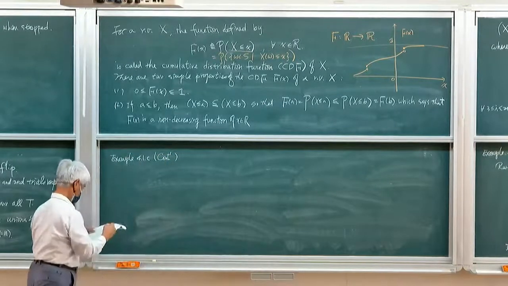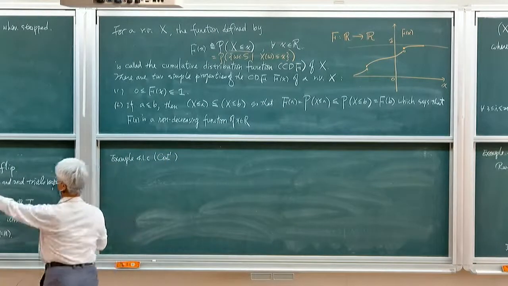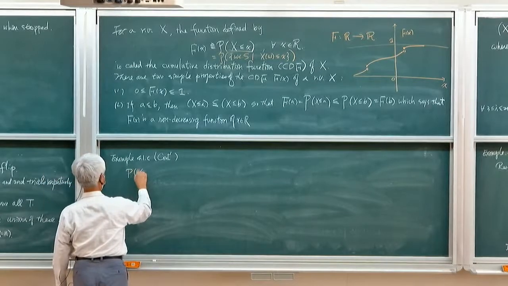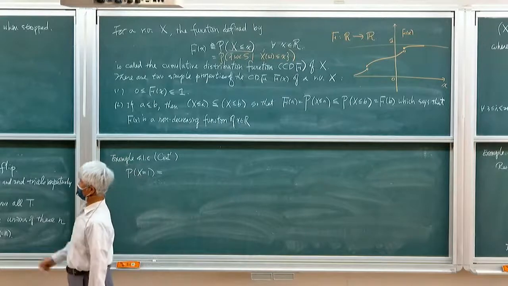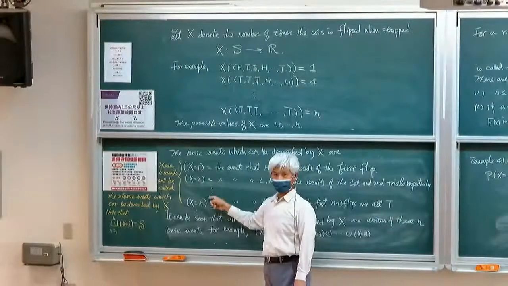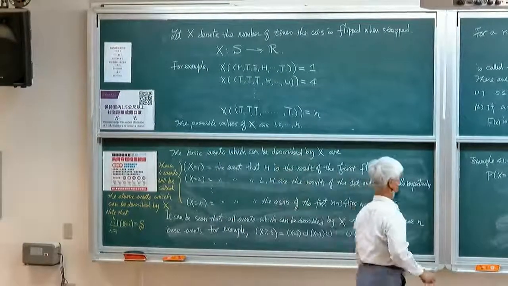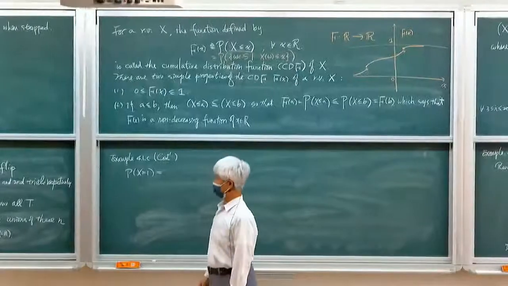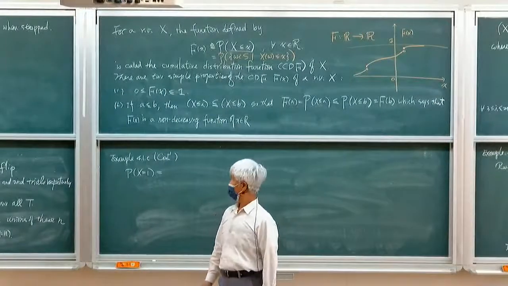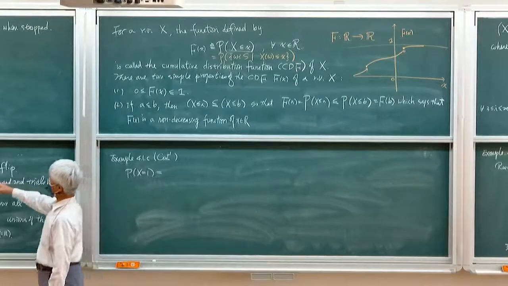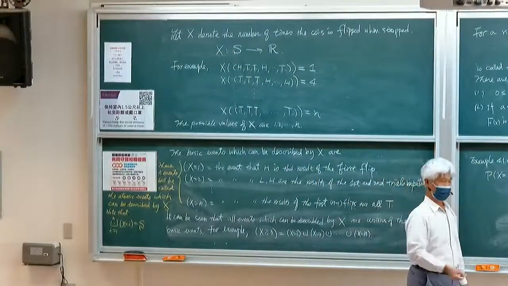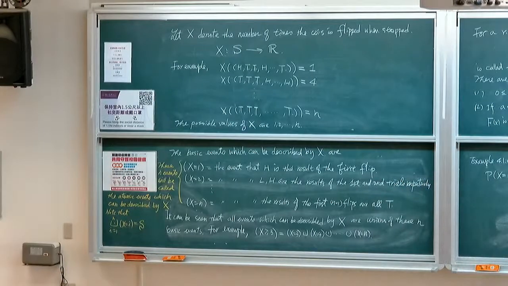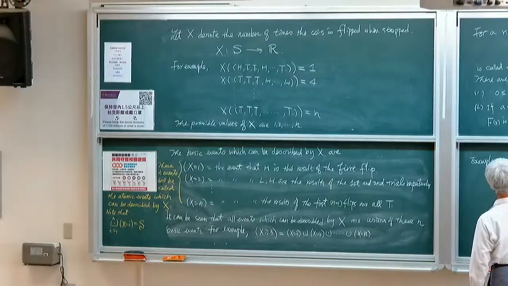In this example, the probability X equals 1. Because they are atomic events, we can compute their probabilities. So the probability that the tossing of a coin will stop after one toss will be half, right?